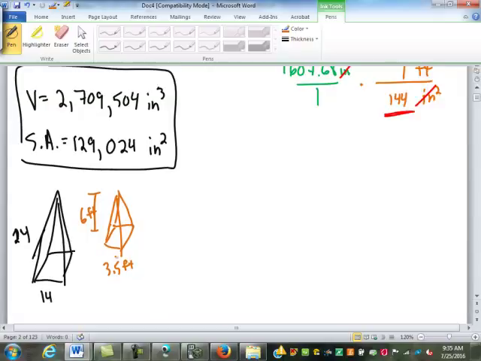What would the new volume and surface area be? That's what I want down there.